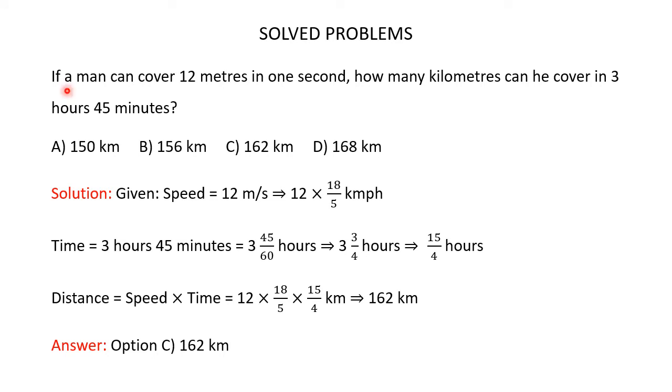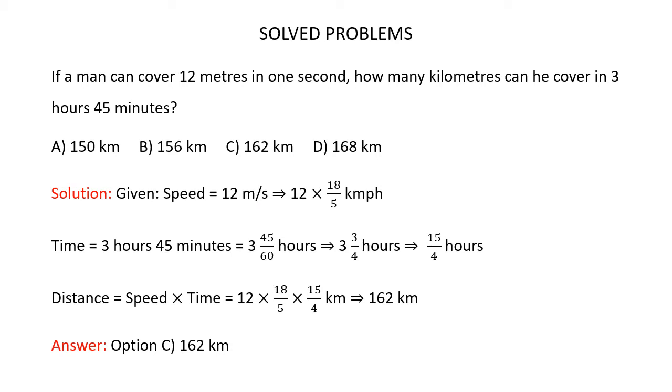If a man can cover 12 meters in 1 second, how many kilometers can he cover in 3 hours 45 minutes? You are given 4 options here and you have to find out which of these options is the correct one. Now it's given that speed is 12 meters per second.